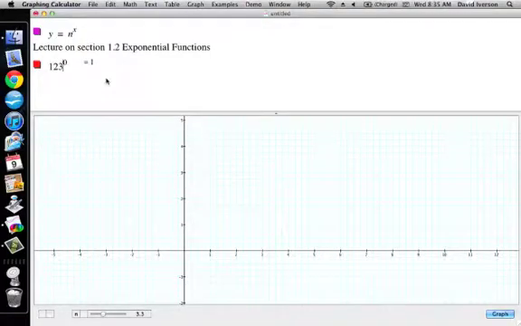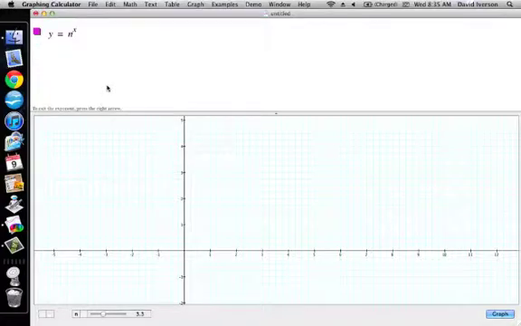If I have 123 to the 0, that's also 1. So any number to the 0th power equals 1. So that means that you're always going to be pivoting around this point right there.